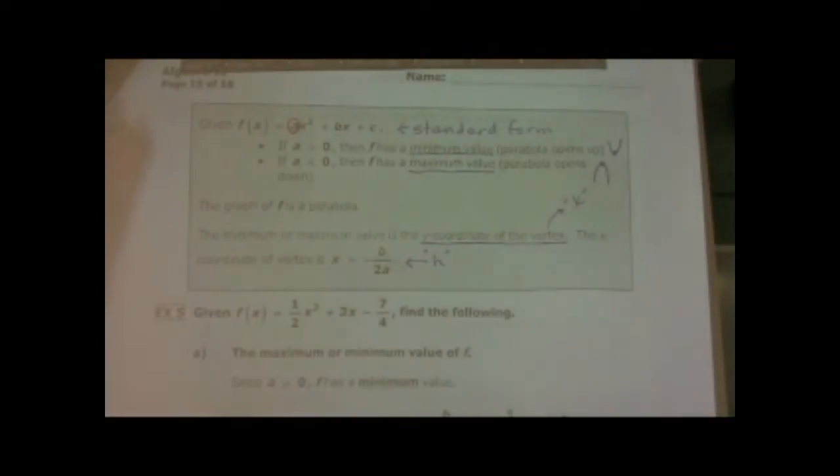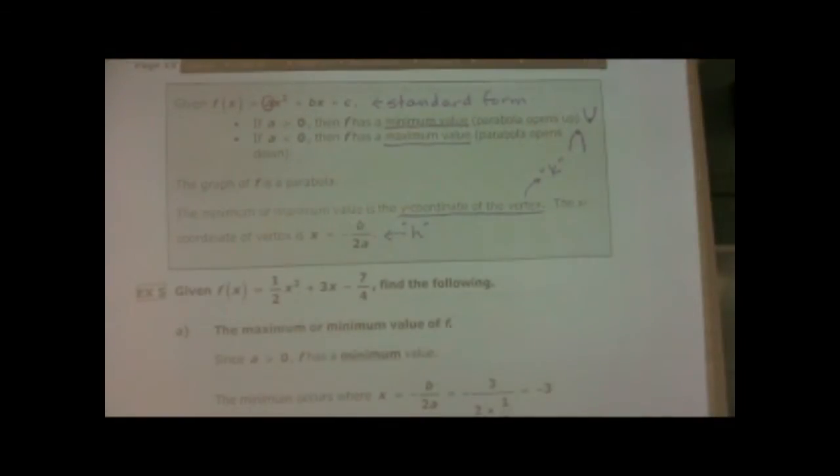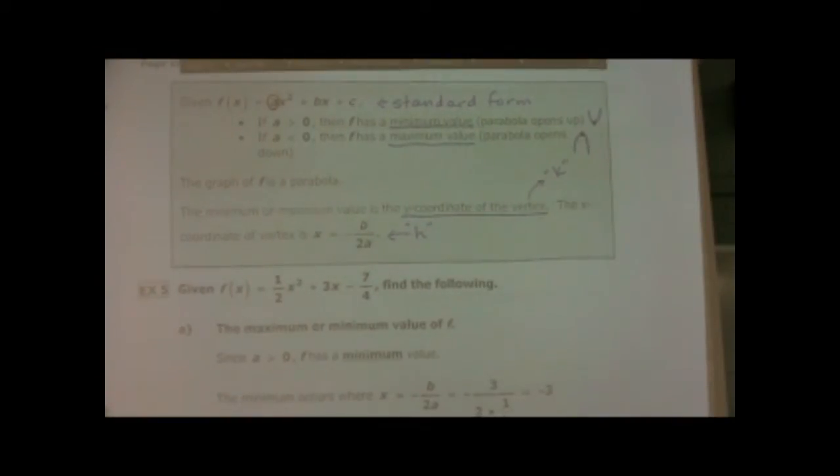All right? And that means we're going to take this b and this a and use them in this formula. So we can find h from doing this. So let's go through an example here on the bottom of our page, and we're going to find our minimum or maximum, and we're going to find our vertex.